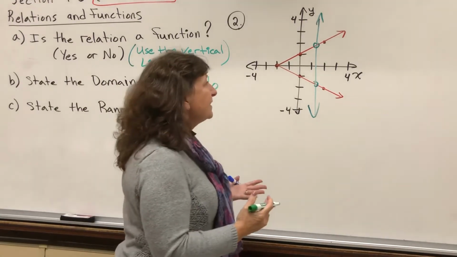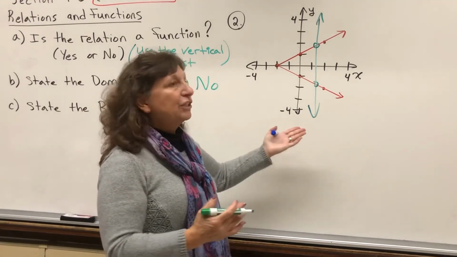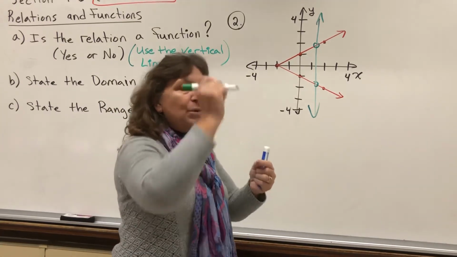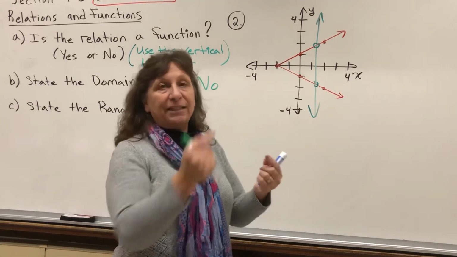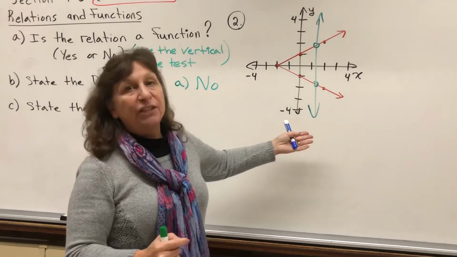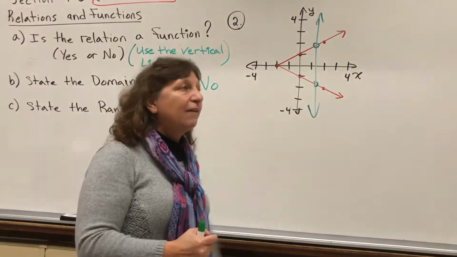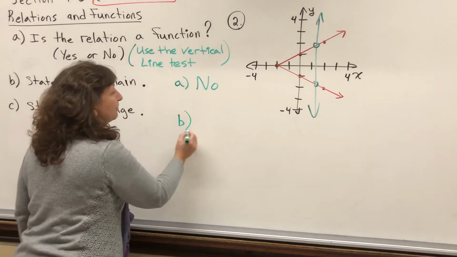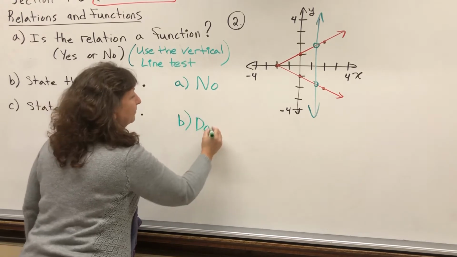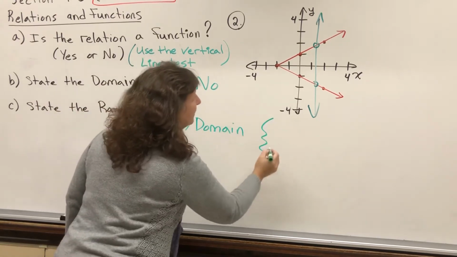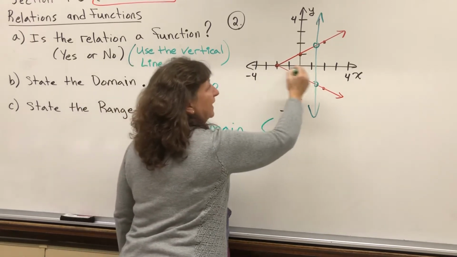When we want to identify the domain of a relation, it's every value. If I gave you a bunch of points plotted, it's pretty easy to just list out the x values. But when it's a continuous relationship, it's a range of values, so you have to use inequalities to represent the domain. So my domain is going to be all values that have meaning on the x-axis.